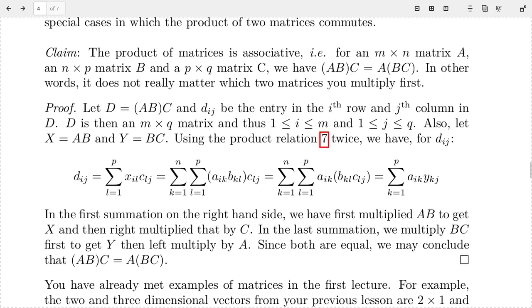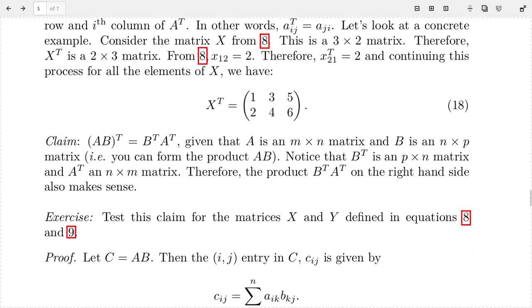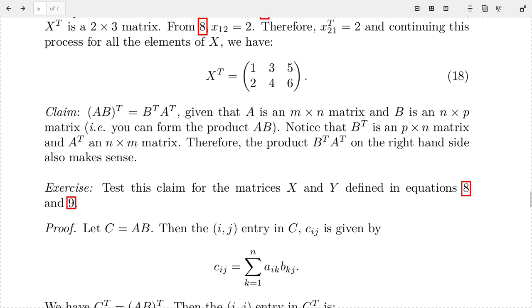Now, notice that X12, the first row and second column of X, is 2. So when you transpose X, the element in the second row and first column has to be equal to 2. Now, if you continue this, you get this for X transpose.